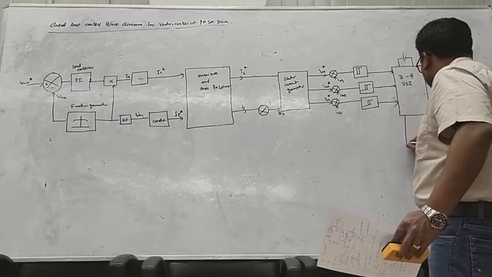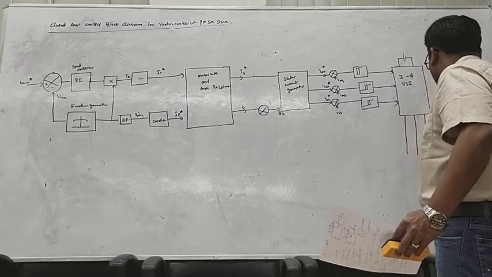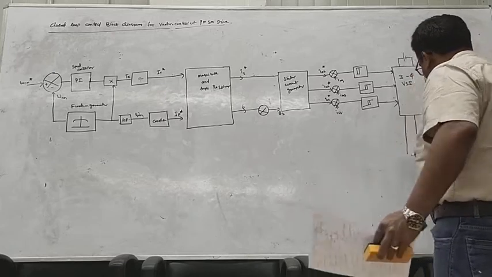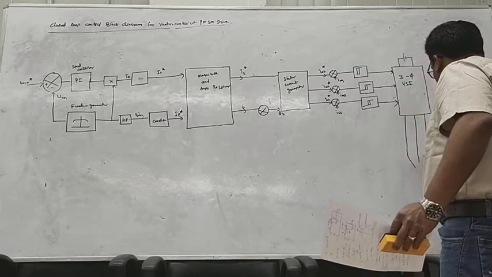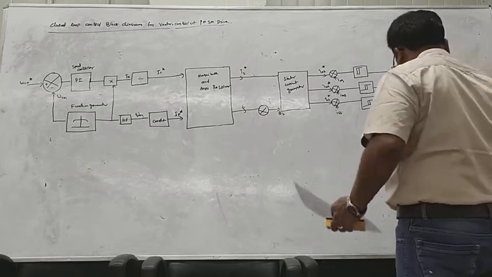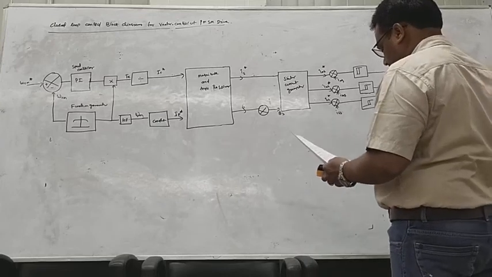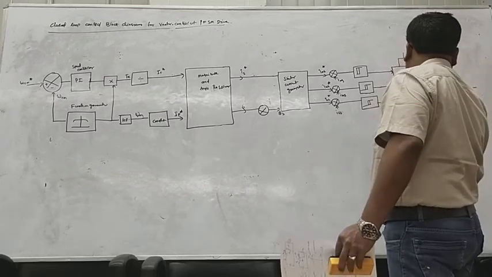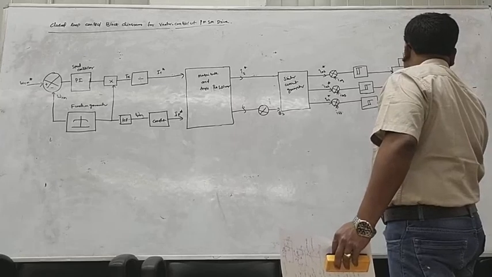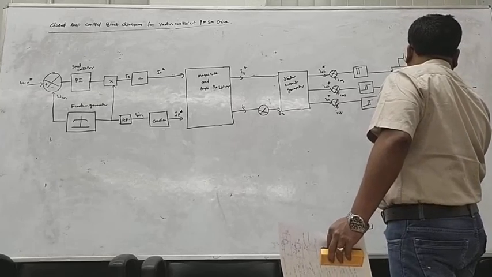So here we have the output terminals, and from this you are going to the permanent magnet synchronous motor drive. This is PMSM, and here you are sensing the currents, A phase, B phase, and C phase.